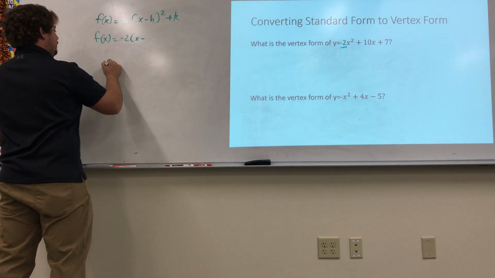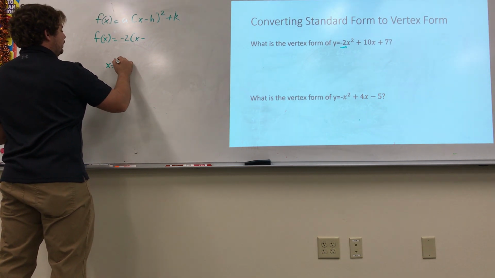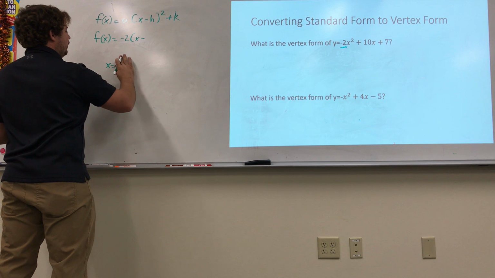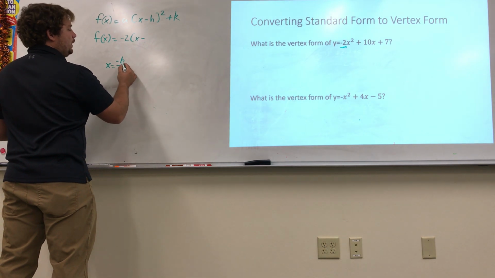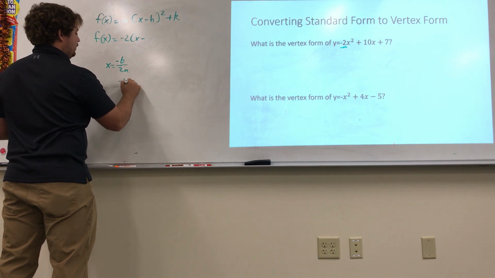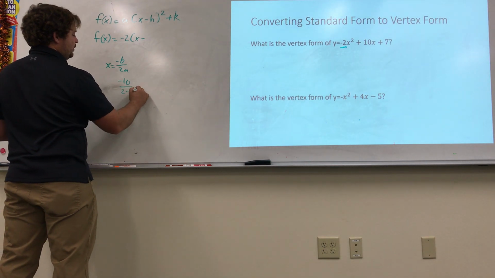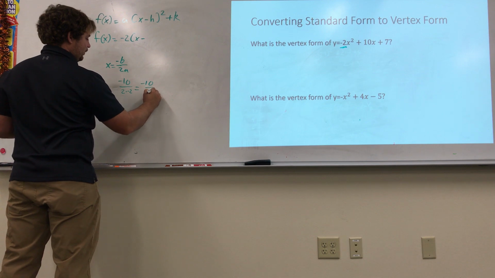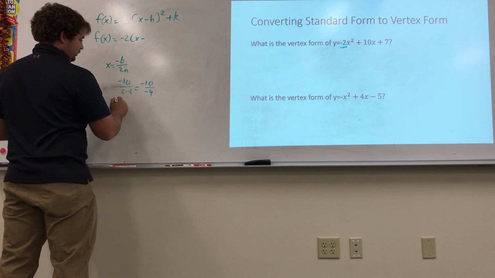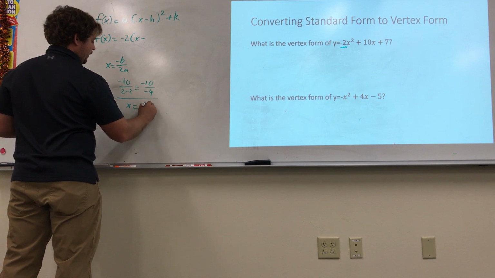We're going to use what we've been using today, x equals negative b over 2a. So in this case, negative 10 over 2 times the negative 2, which is negative 10 over negative 4, which gets me x equals 2.5.